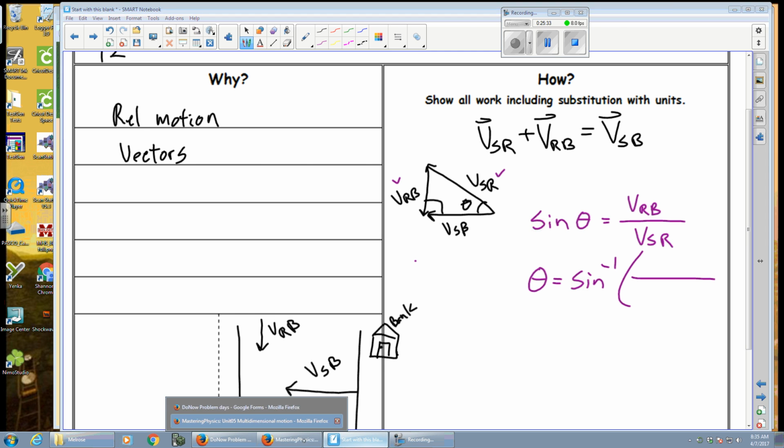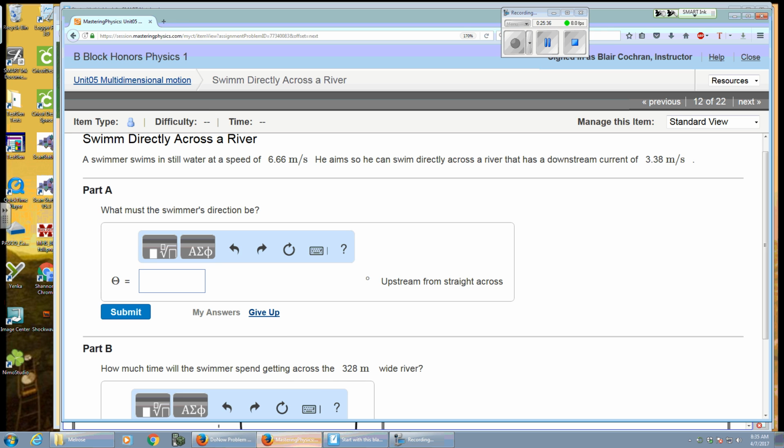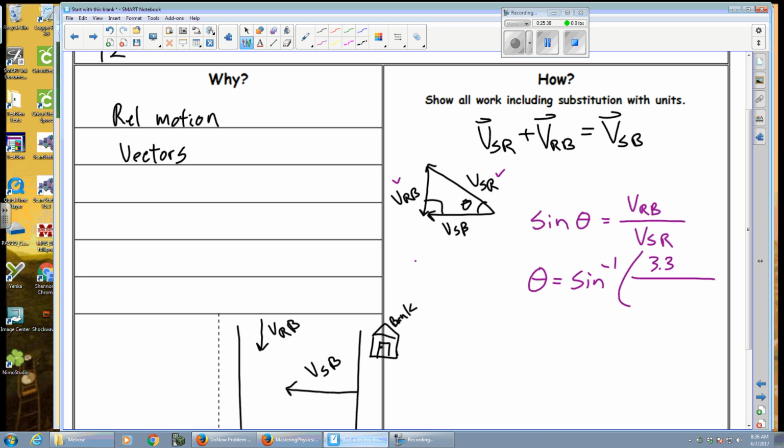Velocity of the river with respect to the bank, otherwise known as the current, 3.38, and the other one for me is 6.66. And so I can find that angle. And I get 30.5 degrees. Let's go.